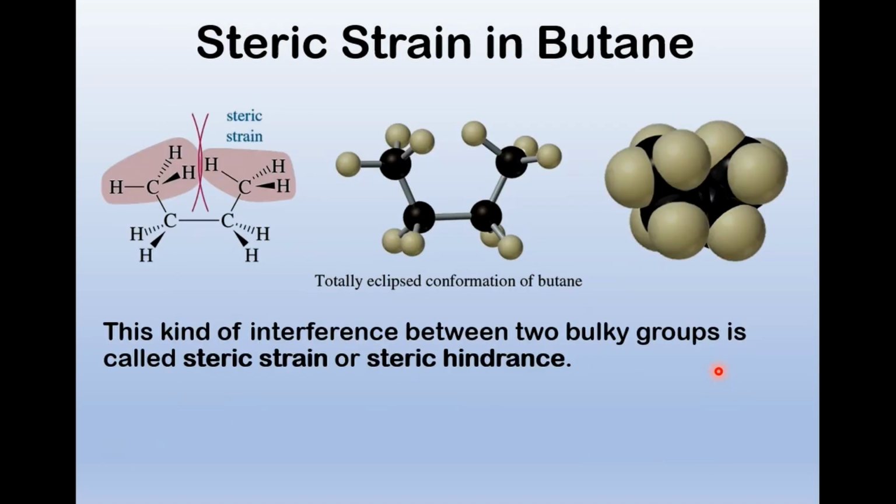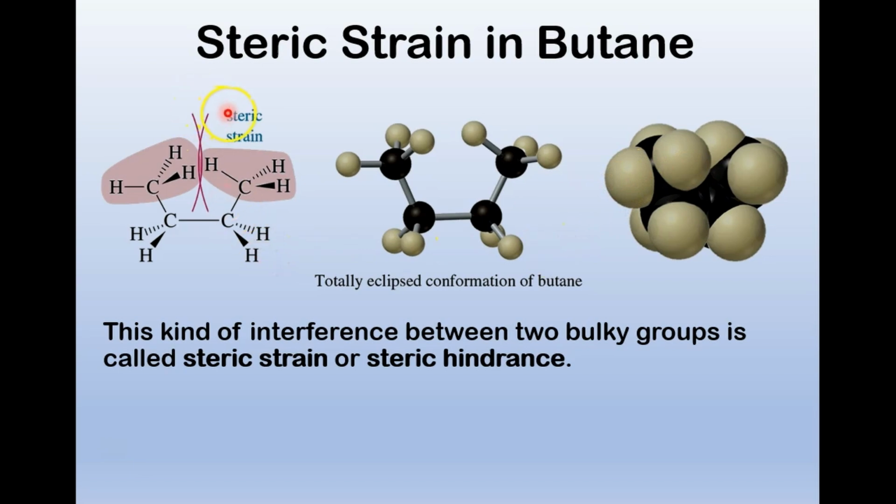So steric strain, this kind of interference between two bulky groups, is called steric strain or hindrance, and that gives rise to a torsional strain in the molecule. This pushing here of these two groups. Notice the artist drew them nice and big here. The model kit doesn't do it justice. And here's the space-filling model. That might give it more justice.